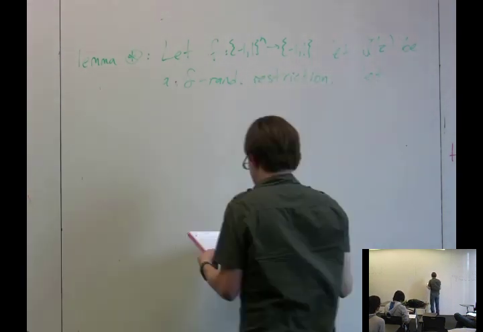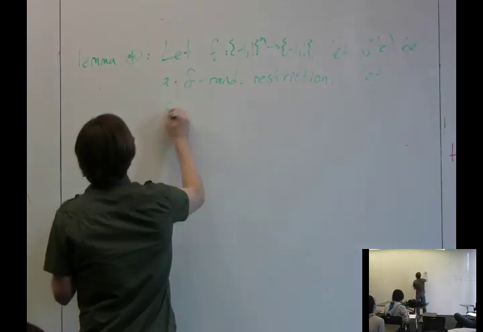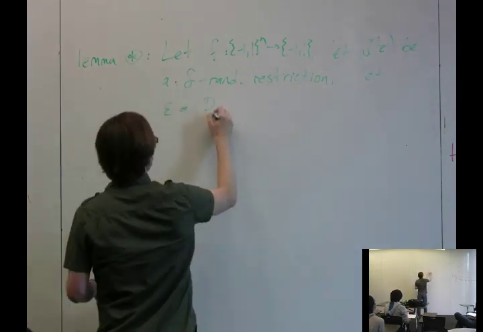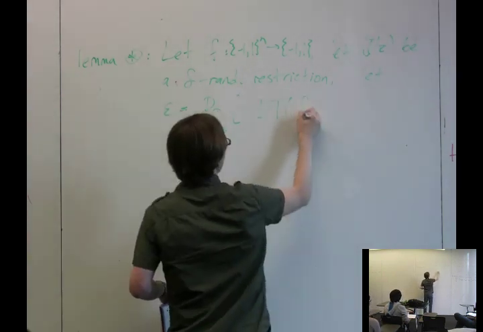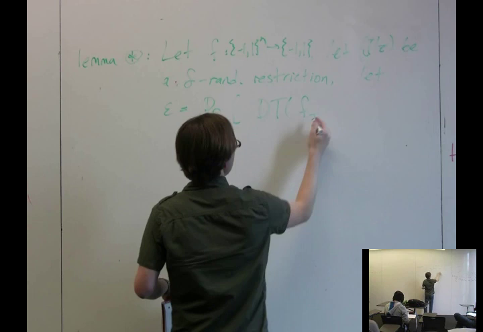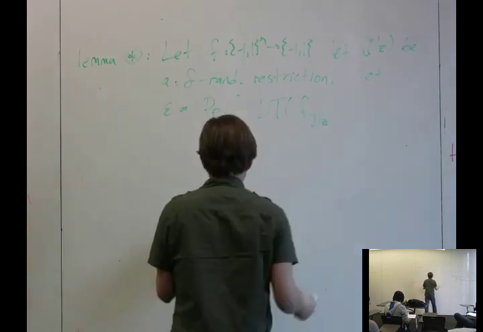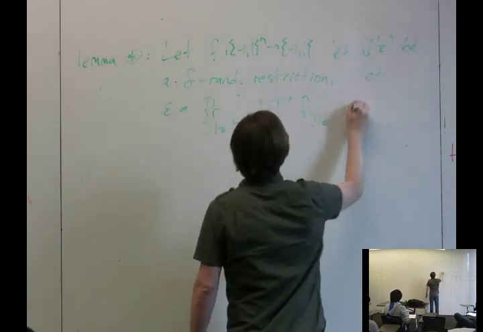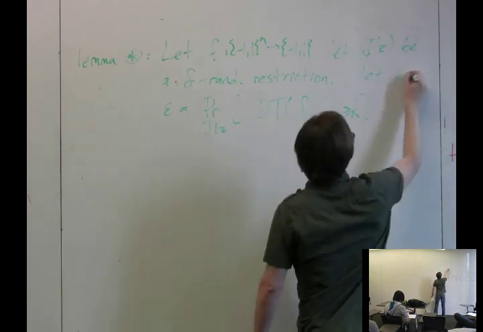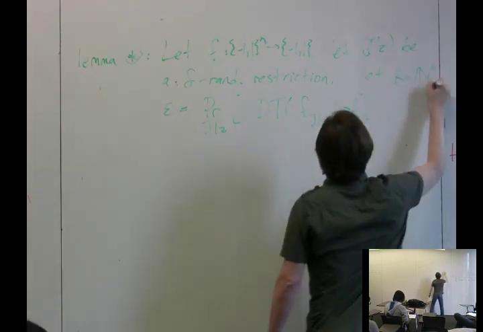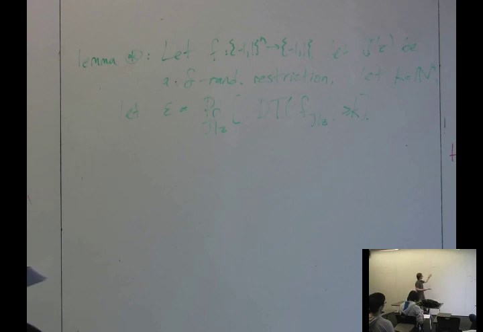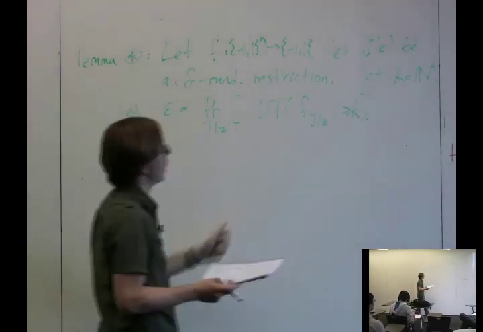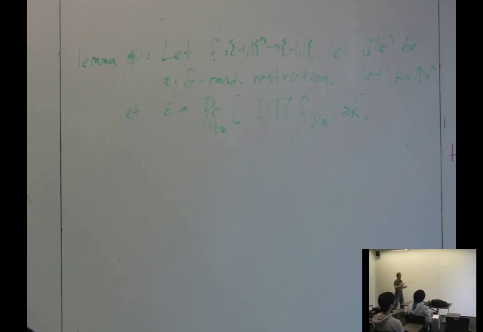Let epsilon be the probability under this random restriction that dt of the function, meaning the least depth of a decision tree that computes it, is at least k. Let k be a natural number. Imagine these parameters are small, so it's very unlikely that f does not shrink to a function whose decision tree complexity is less than k.